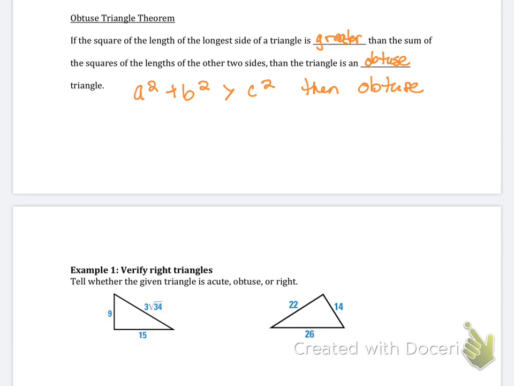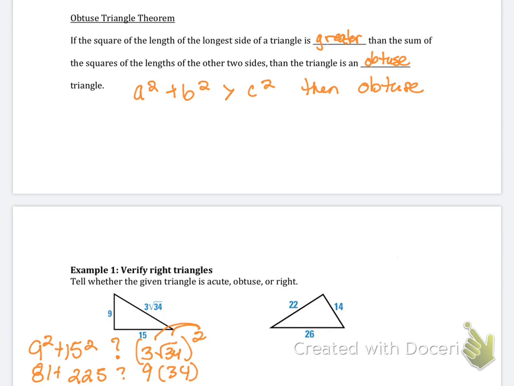Okay, so we want to verify these next ones. Here they give me 3 sides of this triangle. So I need to test and see what is 9 squared plus 15 squared. And then rather than putting an equal sign there, I should just put a question mark and say, what is that relationship to, oops, put a cube instead of a square because I'm rushing. 9 squared is 81, 15 squared is 225, and then when I do 3 root 34 squared, 3 squared is 9, and then root 34 squared is 34.